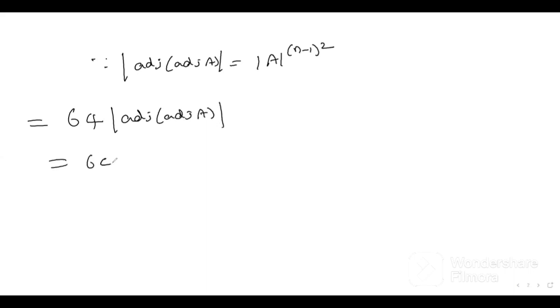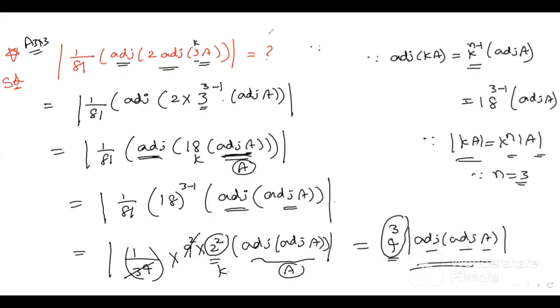So 64 times det of adjoint of A, we have the formula det A power n minus 1 whole square. N value is 3. Det A value, how much value given from the statement? Det A value is 1 by 2, given. In the statement, det A is also given as 1 by 2.